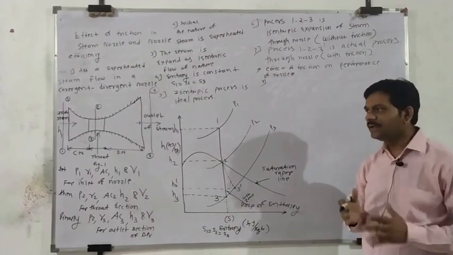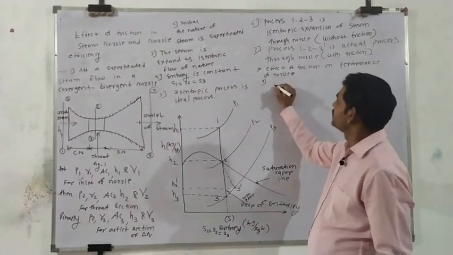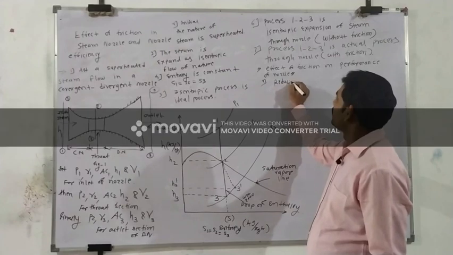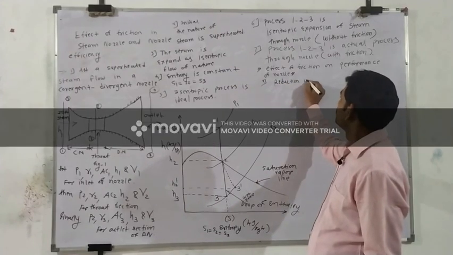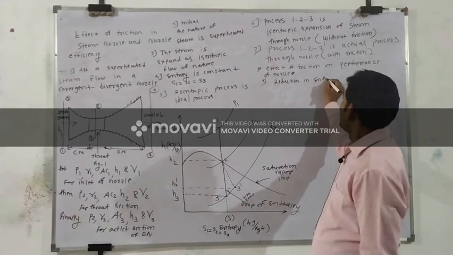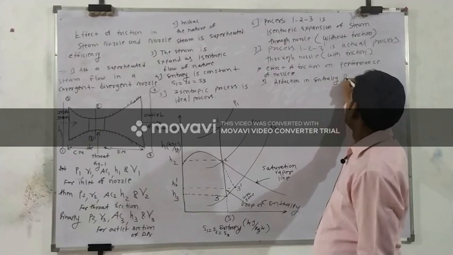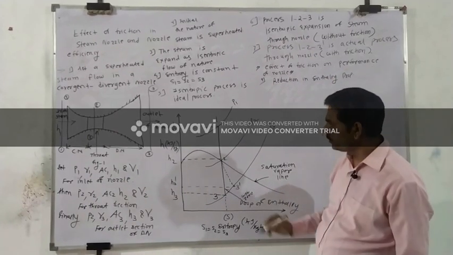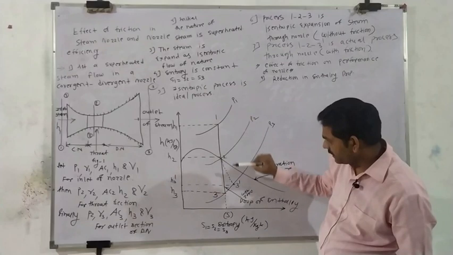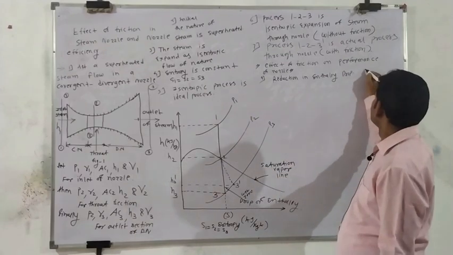So the effect of friction on the performance of a nozzle is reduction in enthalpy drop. Yes or no? Which one? H1 minus H3 dash.